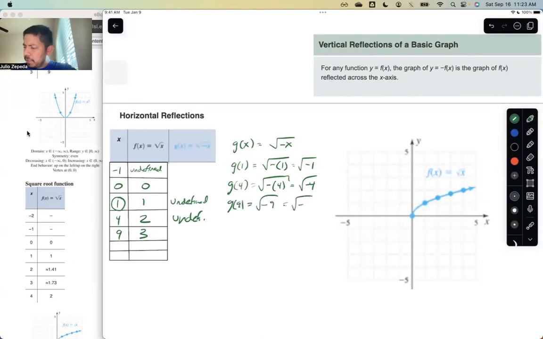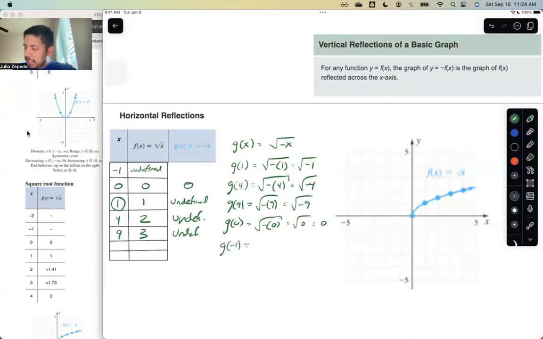So what can we do here? It doesn't seem like we can plug in any positive number. We can plug in 0. The opposite of 0 is just 0. So the square root of 0, that's 0. That one works. Let's try plugging in this negative value, negative 1.